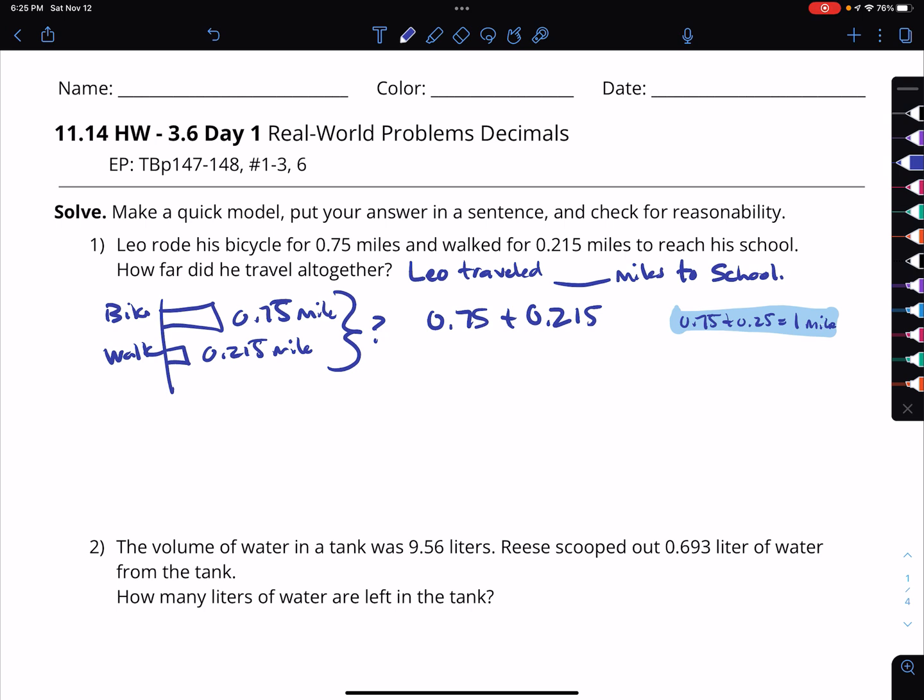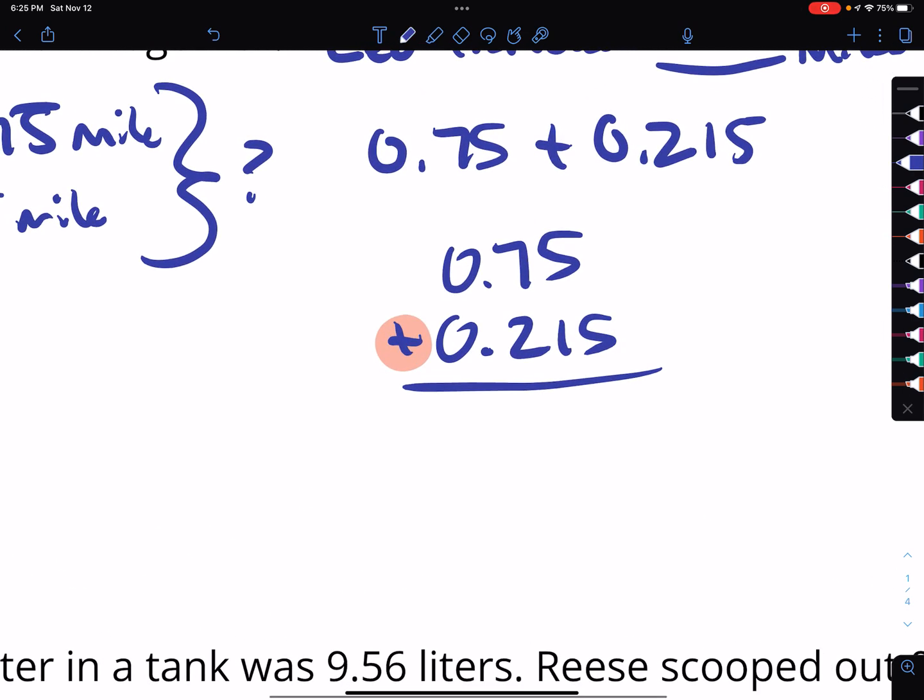So I'm going to set these up vertically, 75 hundredths, making sure I line up those place values using that decimal point. And I am going to highlight my sign because I definitely want to make sure I do the correct calculation here. So 75 hundredths is equal to 750 thousandths, and that gives me a digit in that place, in the thousandths place.